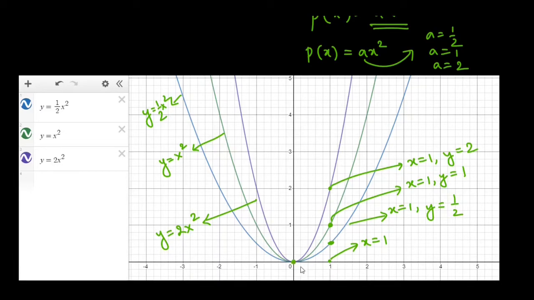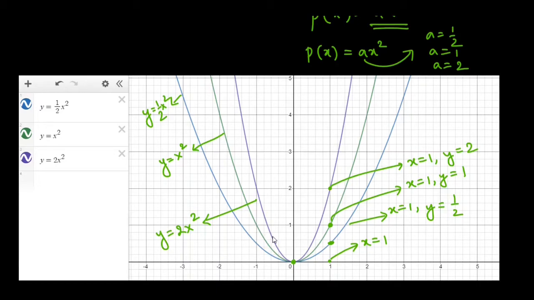The curves are intersecting the x-axis at 0. So the 0 of all these polynomials is x is equal to 0. Though a is varying, the 0 of the polynomials is not changing. So the 0 of the polynomial is not simply dependent on a.